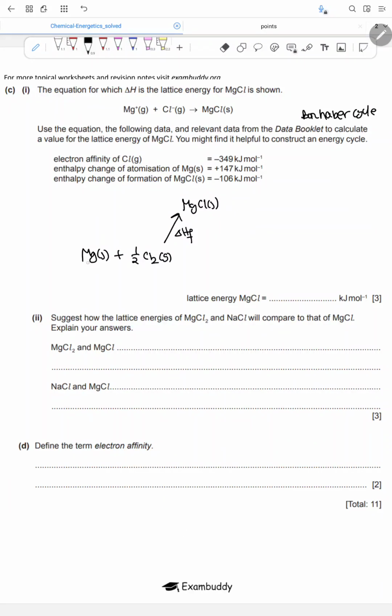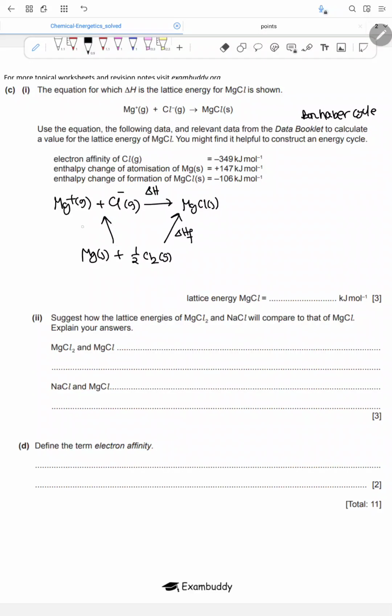Ionic lattice energy means one mole of ionic compound is formed from its ions in gaseous state. So we have to make ions that are gaseous. Magnesium can be formed as Mg+ gas, and chlorine will be Cl- gas. This will be our delta H lattice.